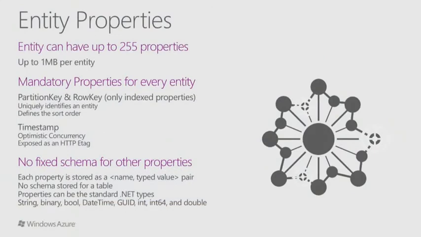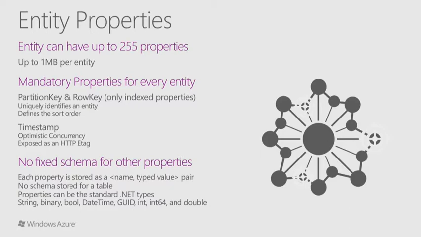But that is supported out here, which means that you as an application developer need to understand the data going in as well as the data coming out of these tables. It may not be what you expect, especially if you have multiple applications reading and writing from these tables. So that's this big point here at the bottom: there's no fixed schema. You can have up to 255 properties for each entity.